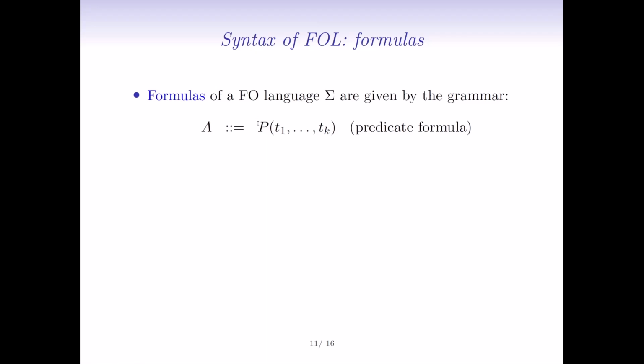So P of t1 up to tk is a predicate formula, so it's a formula, and sometimes we call it an atomic formula. This supposes that P is a predicate symbol in the language, and that t1 up to tk are all terms in the language. Provided that's true, then this is a formula.